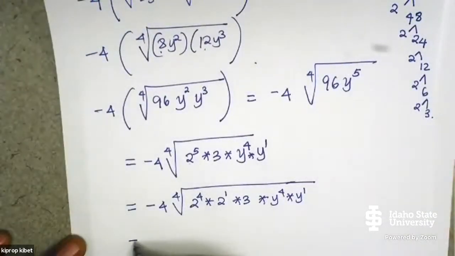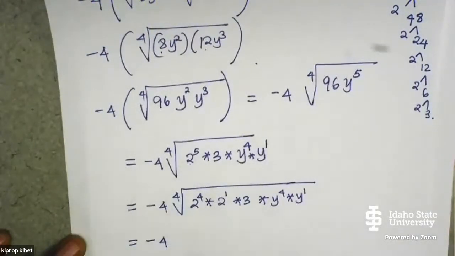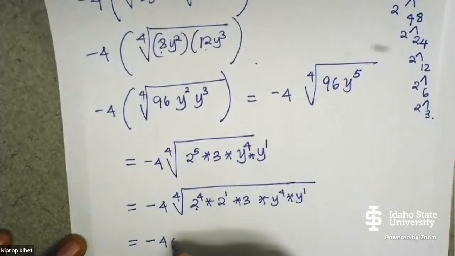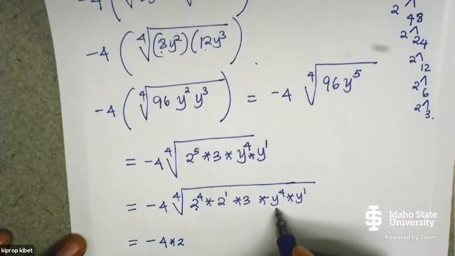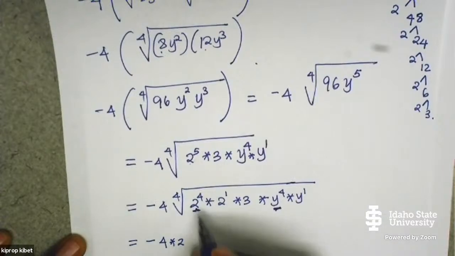And then this will now finally be minus 4. What will come out, right? These 2 will come out, so it will be multiplied by 2. Which one again will come out? Y. So multiplied by y.